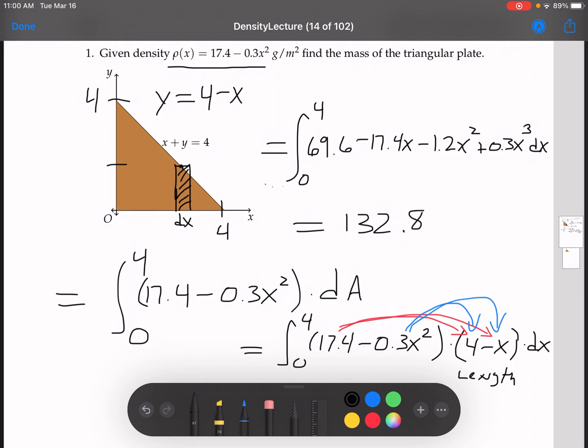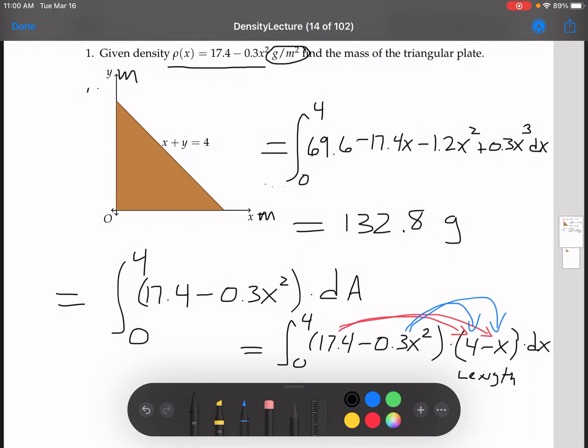And the units are grams. So the reason the units are grams there is, notice my units for my density function are grams per meter squared. So x and y are in meters. And if you think about it, dA is going to be meters squared.